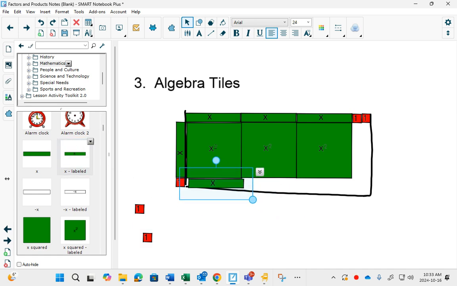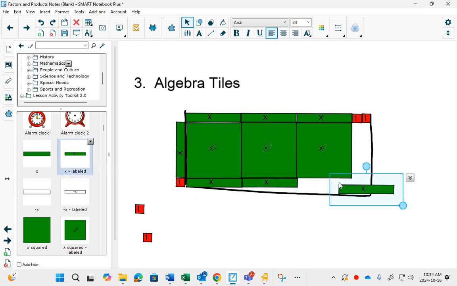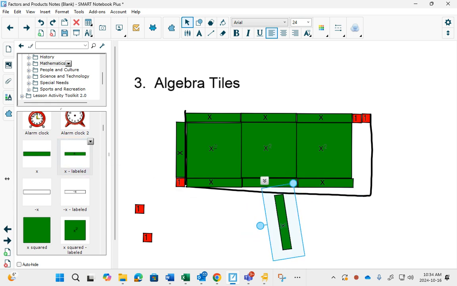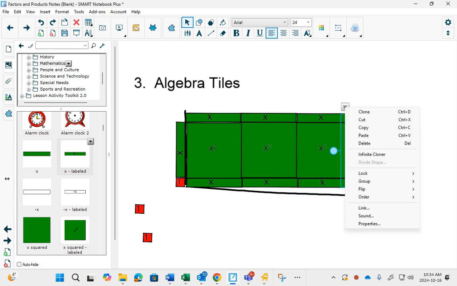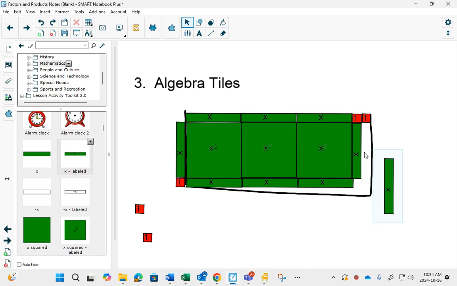X times 1 will fill up with an x. X times 1 again will fill up with another x. And x times 1 again will fill up with another x. X times 1 this way will fill up with an x. And finally, the 1 times 1 fill up with 2 little squares. And we fill in the whole rectangle.